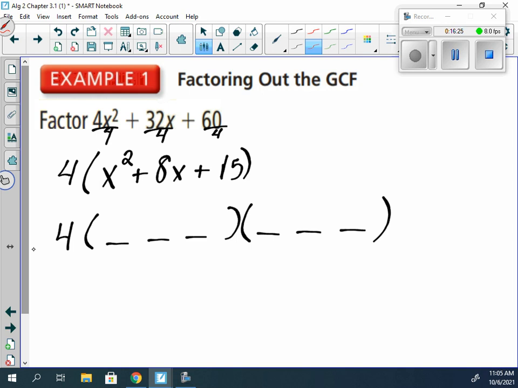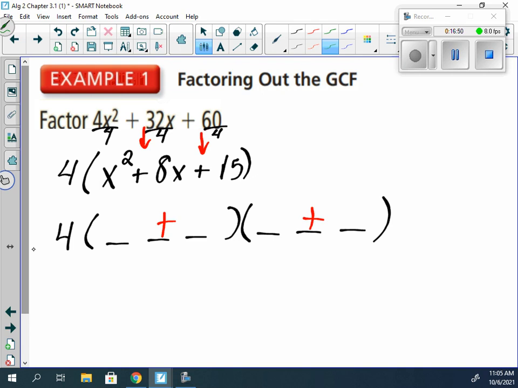If the third term is negative, the signs are opposite. So what's the sign of our third term? Positive, yes? So the signs are the same and they match the sign of the middle term. What's the sign of the middle term? Positive. So we would have plus and plus. They'd both be positive.